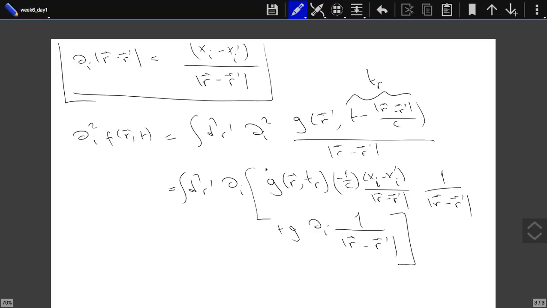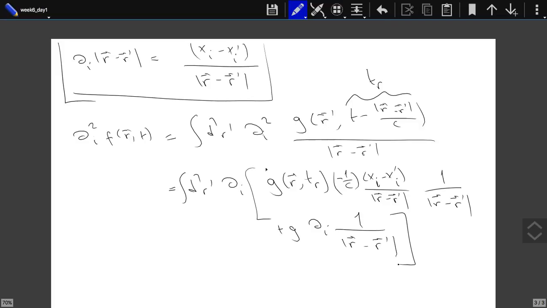You see, the position r is only in the second argument. So if I want to take the derivative with respect to the position r, I first need to take the derivative of g with respect to its second argument and take the derivative of the second argument with respect to r. But the second argument is the time coordinate. That is why I have this dot. This dot tells me that I'm taking the derivative with respect to the whole second argument.